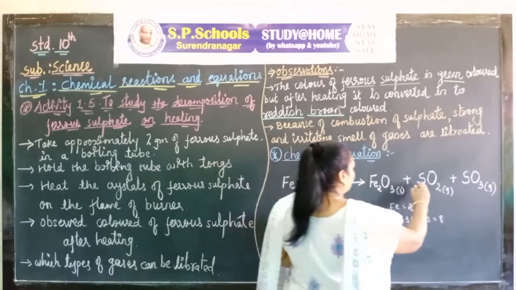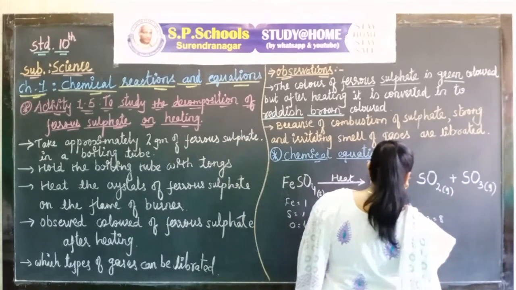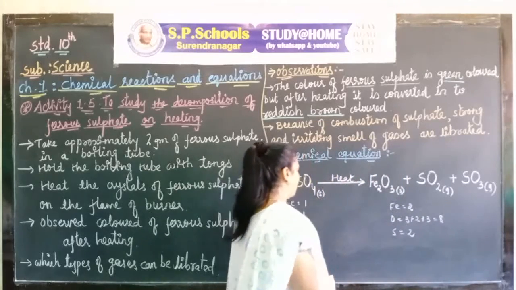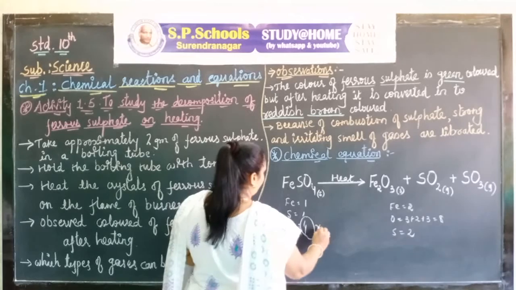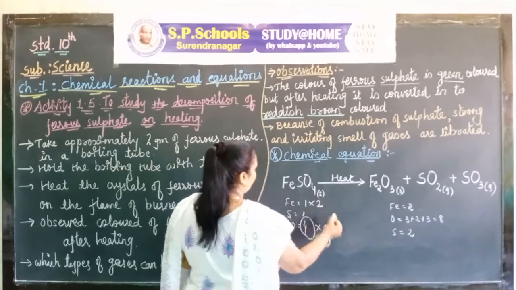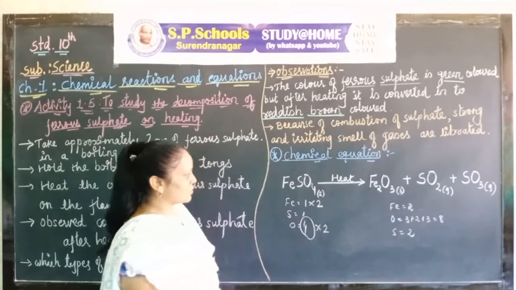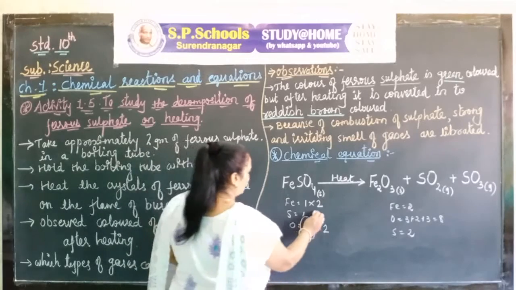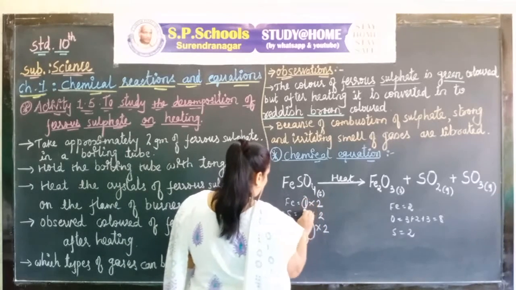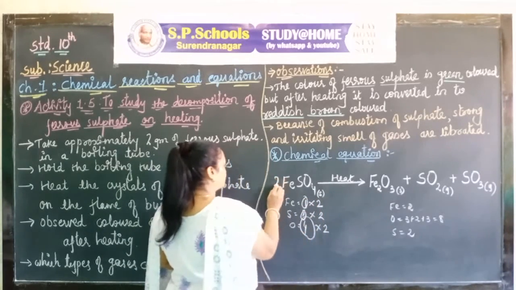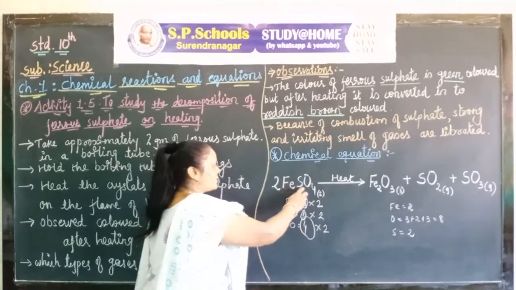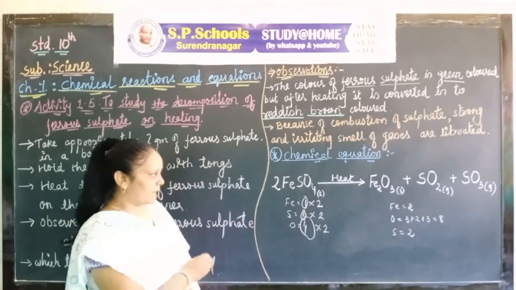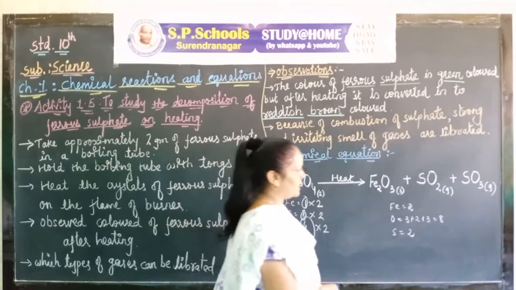S 1 plus 1, 2. Here we have 4 oxygen, so we multiply by 2 to balance each and every atom. So we write 2 before FeSO4 and the equation will be balanced.